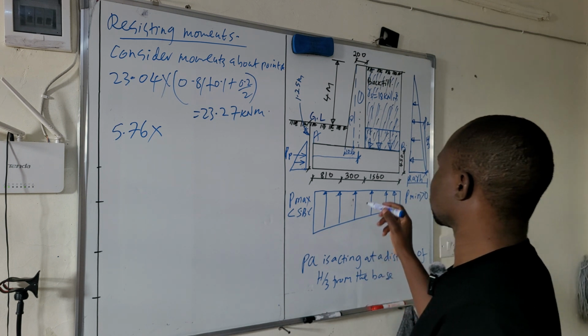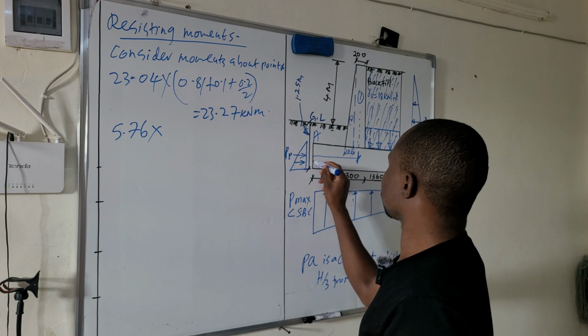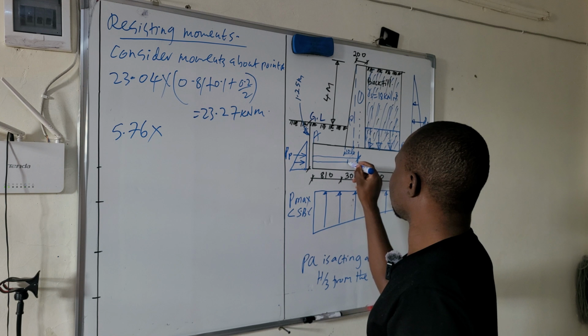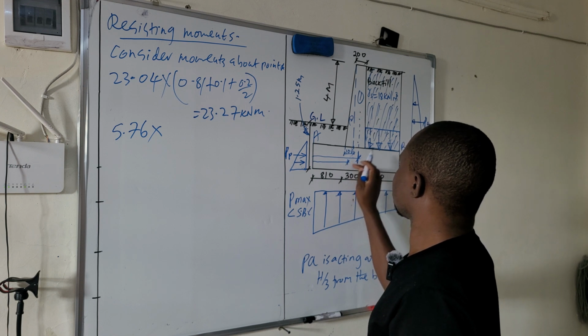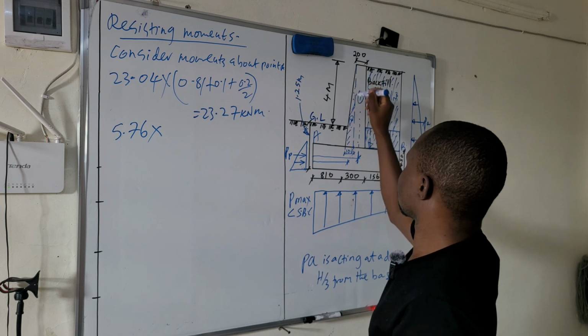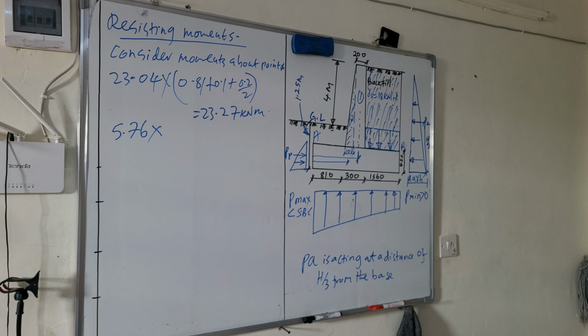So the distance is from A to the center of this triangle.